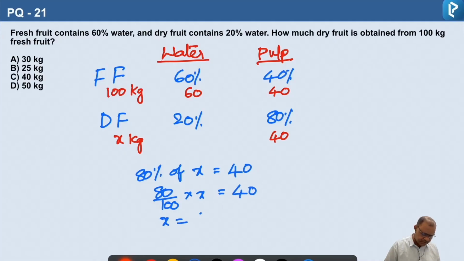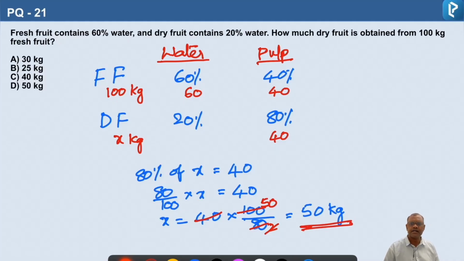X is equal to 40 into 100 by 80, that is 50 kg. So the dry fruit obtained is 50 kg from 100 kg of fresh fruit. So the correct answer is option D.